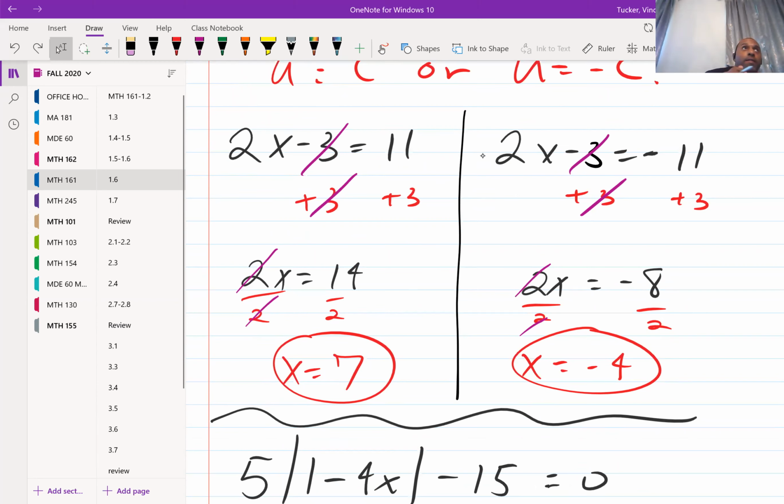The one I mentioned checking, you have to check, because even if you do everything correctly, you may have squared both sides or raised both sides to an even power, which manipulates the problem in such a way that it will probably produce an extraneous solution, in other words, a solution that will not work. Because of the nature of those radicals, you will have to check those, but these should work out in both cases. Now, is it good to check? Yes, it's always good to check, but if you do these correctly, your answers should be correct.